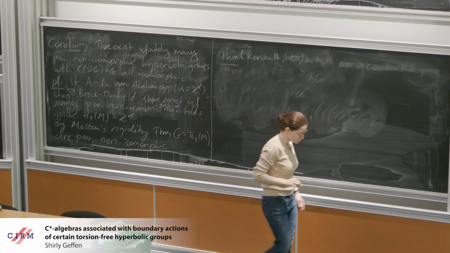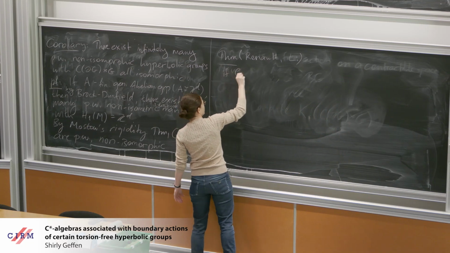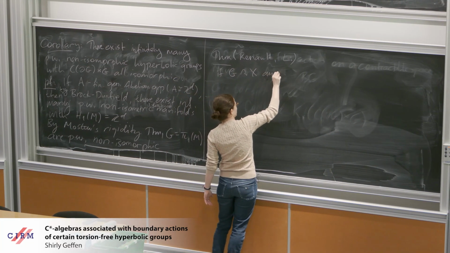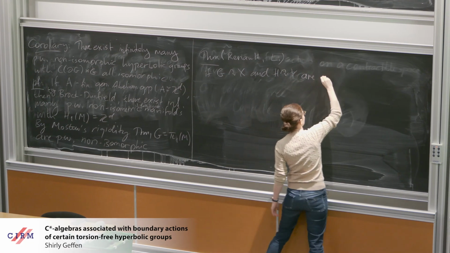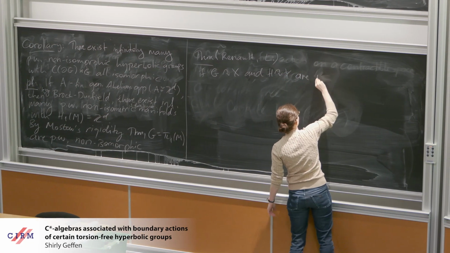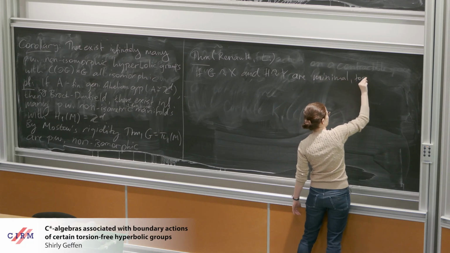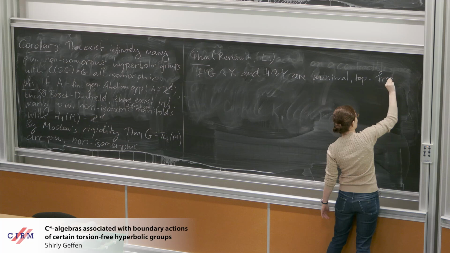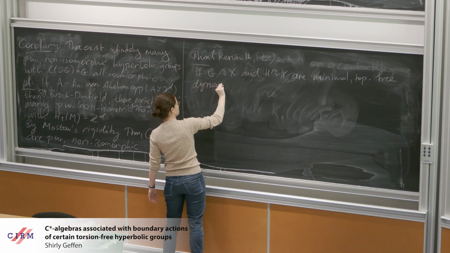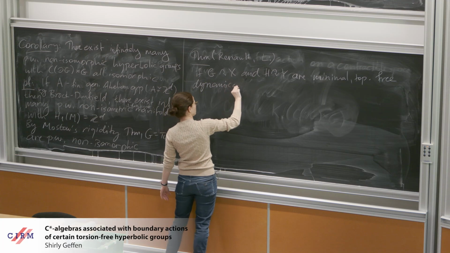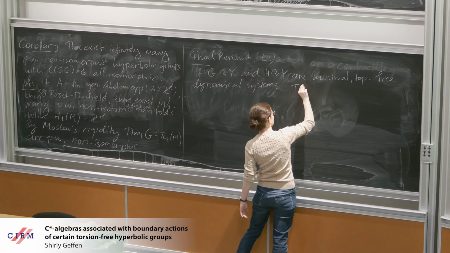It says that if you have two dynamical systems, G acting on X and H acting on Y, that are two minimal, topologically free dynamical systems, then the following are equivalent.